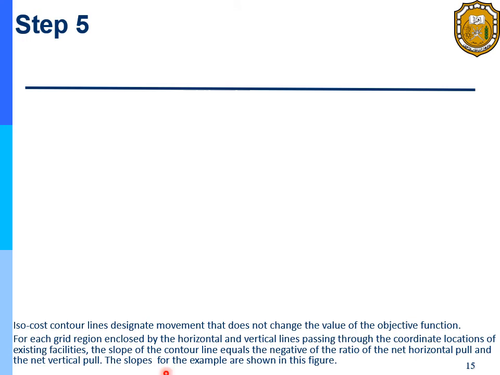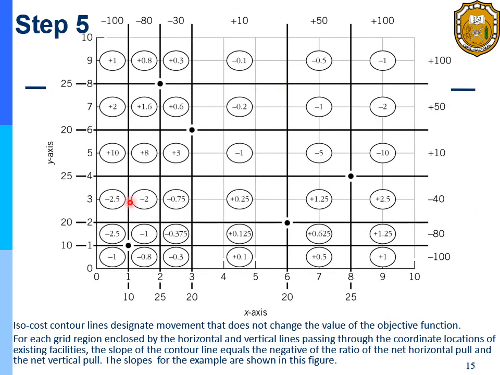And step 5 says that isocontour lines designate movement that does not change the value of the objective function. As I said, it has the same cost value. An isocost line has the same objective function value. Let me show on this example: when you focus on the square or rectangular areas, which we will call grids, enclosed by horizontal and vertical lines, you see we have these rectangular shapes.